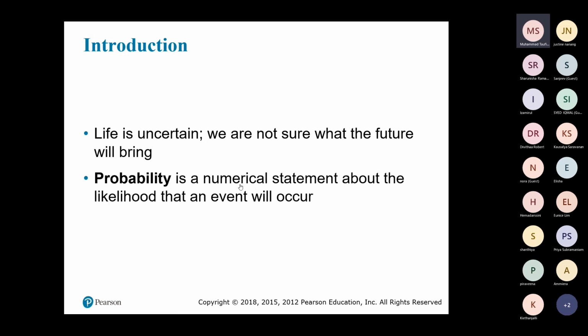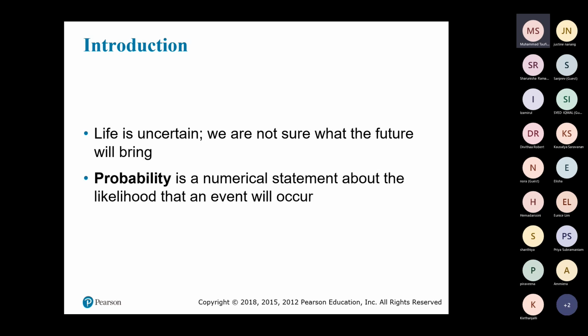So what happens is sometimes we make some assumptions based on the data that we gather, and when we make assumptions, it means that the data is not certain.